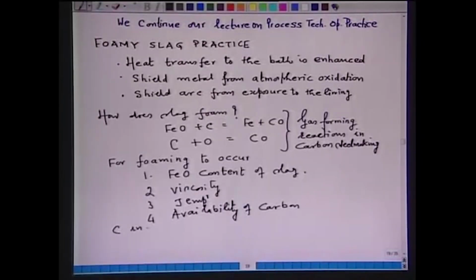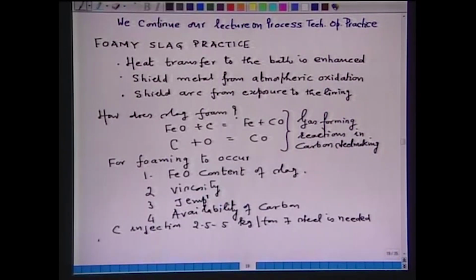Now, typically the carbon injection is done around 2.5 to 5 kg per ton of steel is needed. Per ton of steel is required for adequate foaming during the operation.